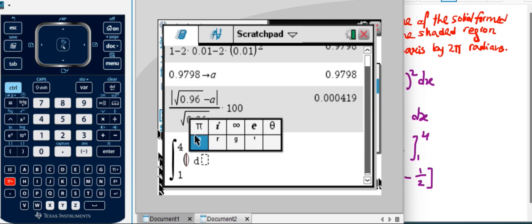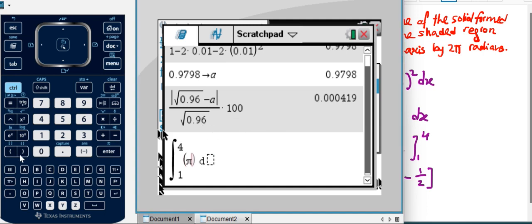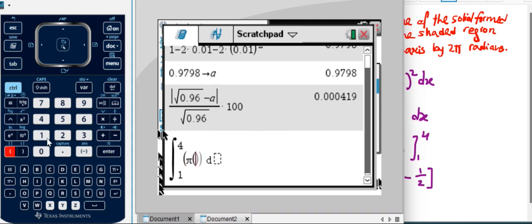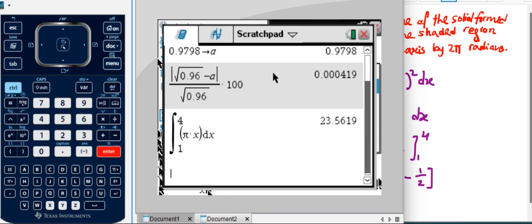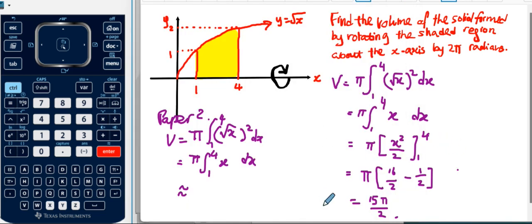Where's my pi? Over here, pi, and then bracket again. This is going to be just x, and then bracket, and then dx. Oh, there are two. So dx, and then press enter. So this is 23.5619. So this is roughly 23.6.